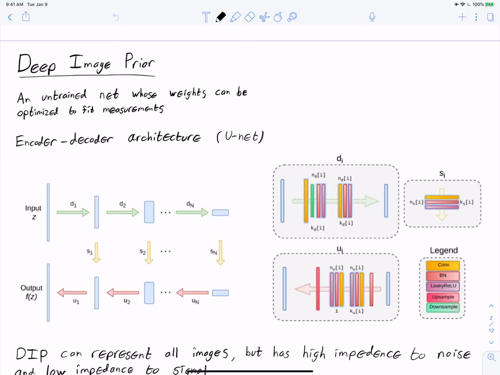And in the decoder part of this architecture, there's going to be an upsampling operation in addition to convolution and batch normalization and ReLUs. So the architecture has a lot of knobs. All of these convolutions have a filter size. All of the connections here can be learned. There are a lot of parameters that are estimated at inversion time. Right, so this is the architecture of the deep image prior.